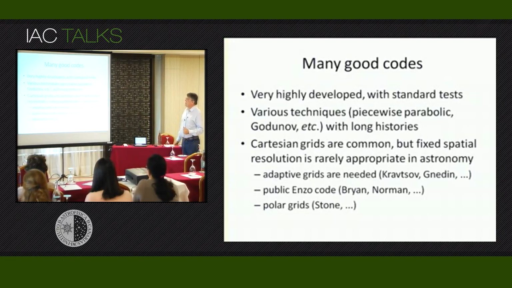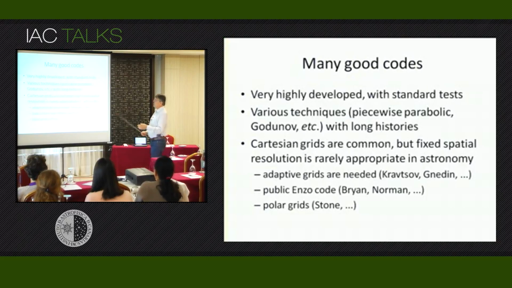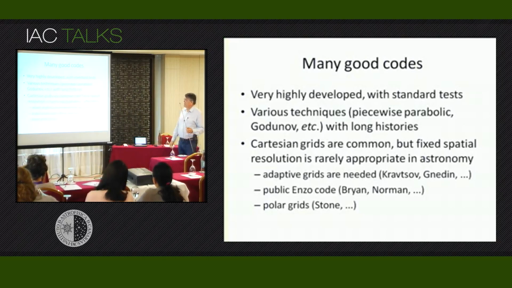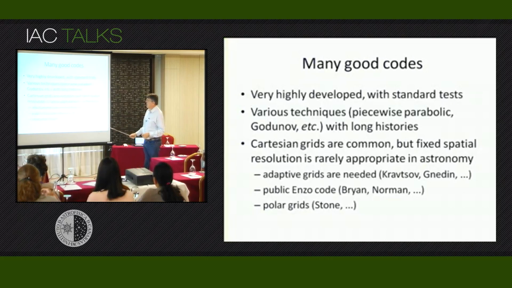There are many good codes that have been developed which minimize the numerical viscosity and treat the shocks properly, and there are various piecewise parabolic, Godunov, and other methods that have been developed, which have very long histories. We know about their behavior very well, and they are trusted codes. And people use these on grids which could be Cartesian. That's a very common form of the grid.